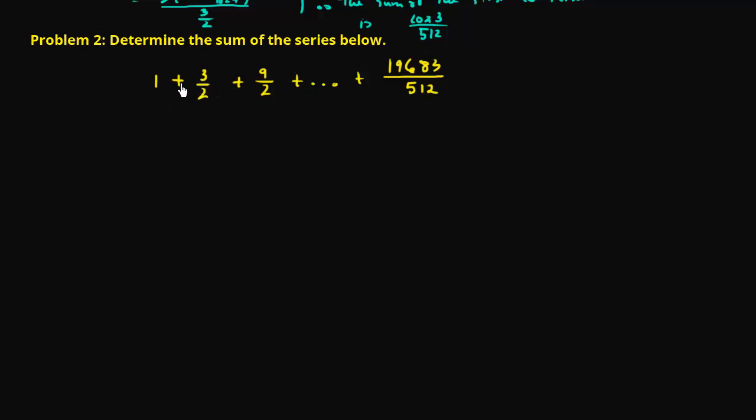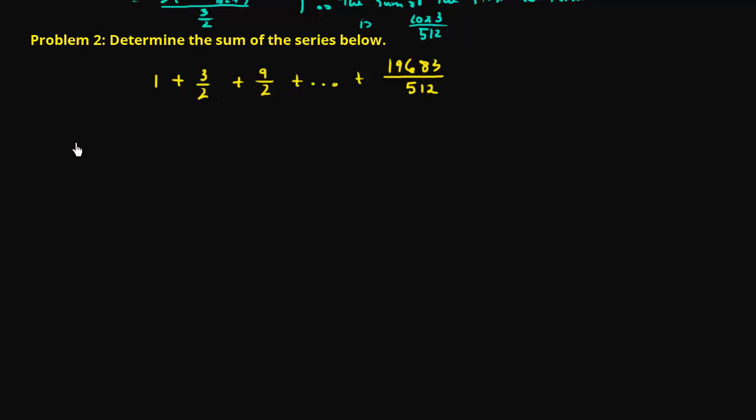Notice here that if I take the second term and divide it by the first term, I get 3/2. And if I divide the third term by the second term, I don't get 3/2. Oh, okay, well, it's a good thing that we checked, because this is actually not a geometric series. Notice that there's not a common ratio between these terms.